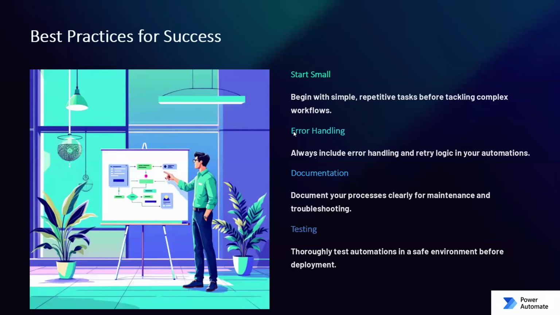Error handling is something that we always do in any coding language or even in any automated flow. So yes, error handling and retry logic should always be part of your automations.